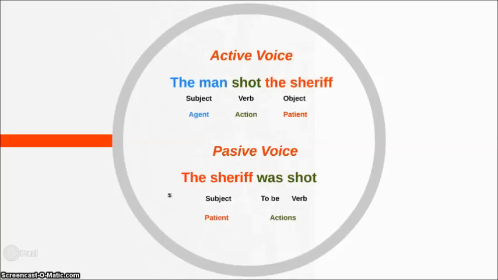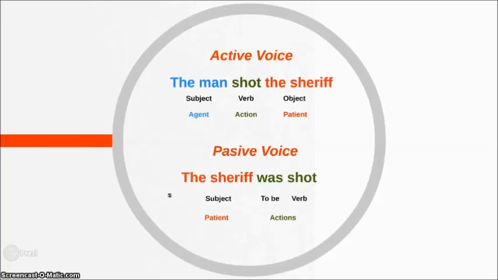The active voice is: the man shot the sheriff, because the agent, the man, is the one responsible for the action. The man is the subject and the agent. Shot is the verb and the action, and the sheriff is the object and the patient.